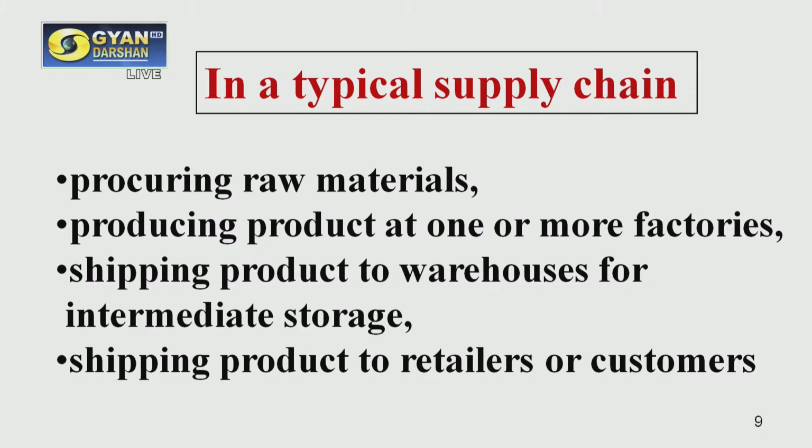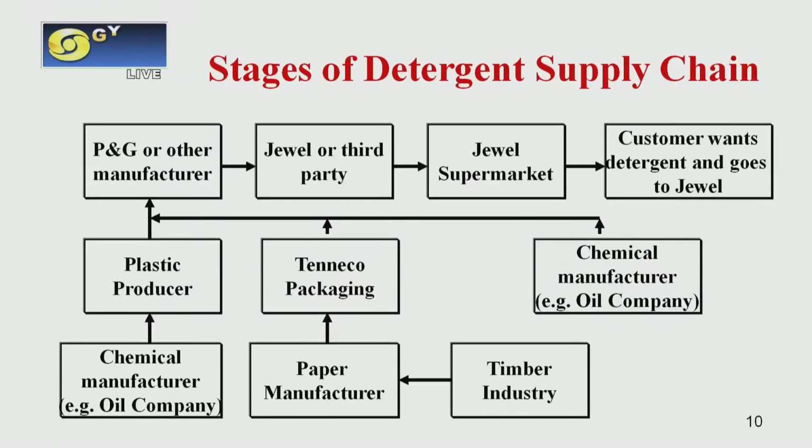Then when the product is complete, we have a finished product in our hand. So what do we do? We ship the product for the intermediate storage, that is a warehouse. Now from the warehouse, as and when there is a requirement at different localities by different retailers, we ship the products to the retailer or to the customer.